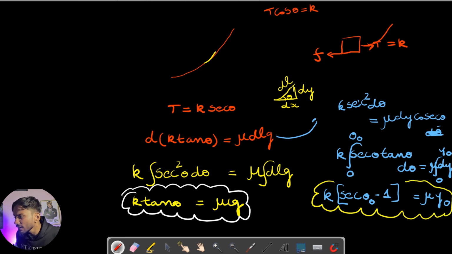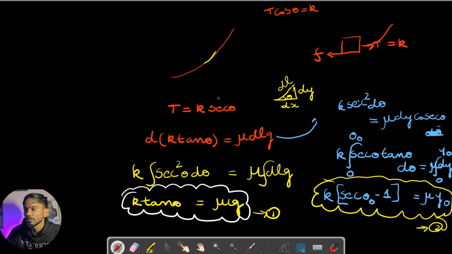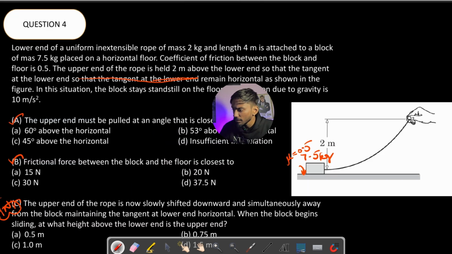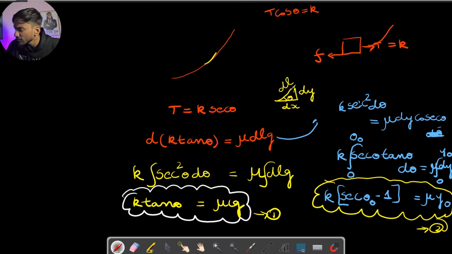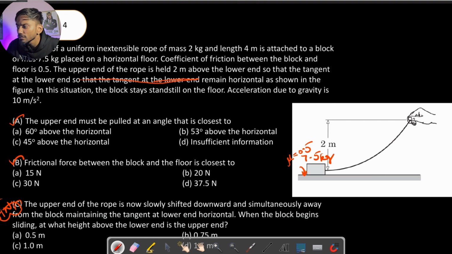Now using equation 1 and equation 2, let's say this is equation 1 and this is equation 2, we need to solve. We know that K tan theta is mu L g. L is the length, 4 meters, and y naught is 2 meters.